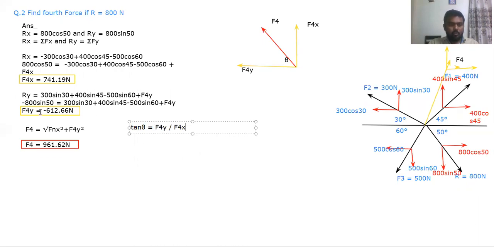So you got a negative value of F4y here, but what do you have to consider here? Positive. By putting the values of F4y and F4x from here, we'll get the value of theta. I will do the calculation here, 612.66 divided by 741.19. So it is 39.57 degrees. Okay.